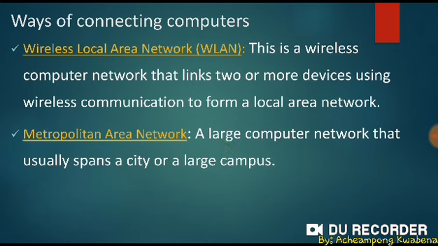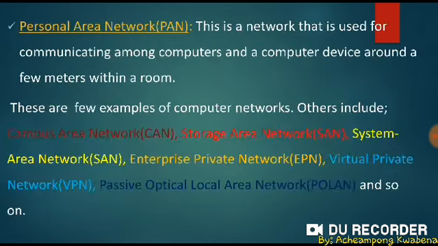campus. Now we move to the other one, that's the personal area network, PAN. When we talk of a personal area network, we are referring to a network that is used for communicating among computers and a computer device around a few meters within a room. So let's take in your homes, in a particular room, you may have a computer, another device, a printer, a mobile phone, or whatever.